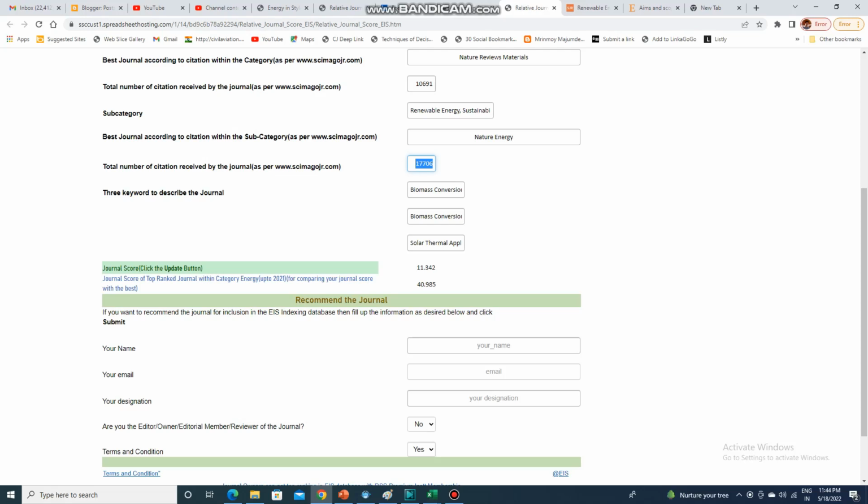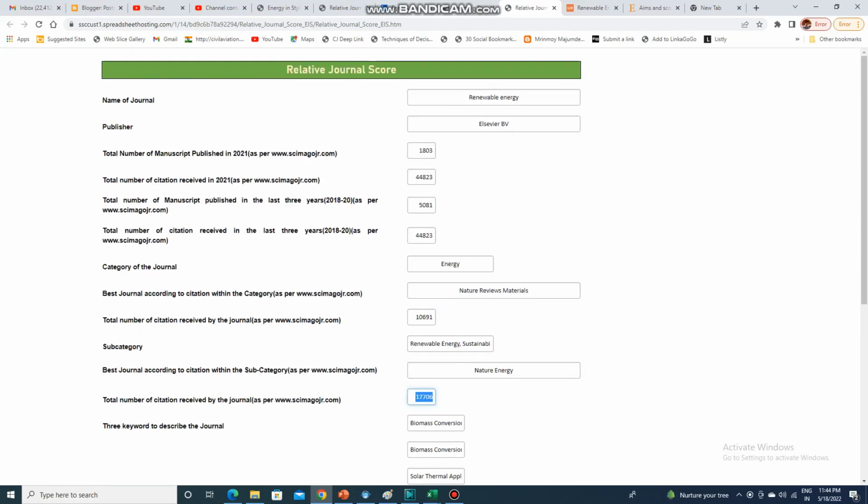And not only this, it also considers the relative citation of the year 2021, and also the relative citation of the last 3 years.